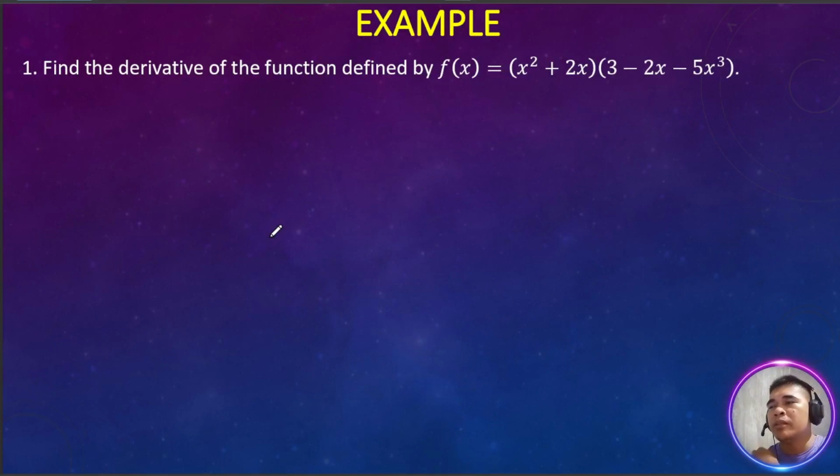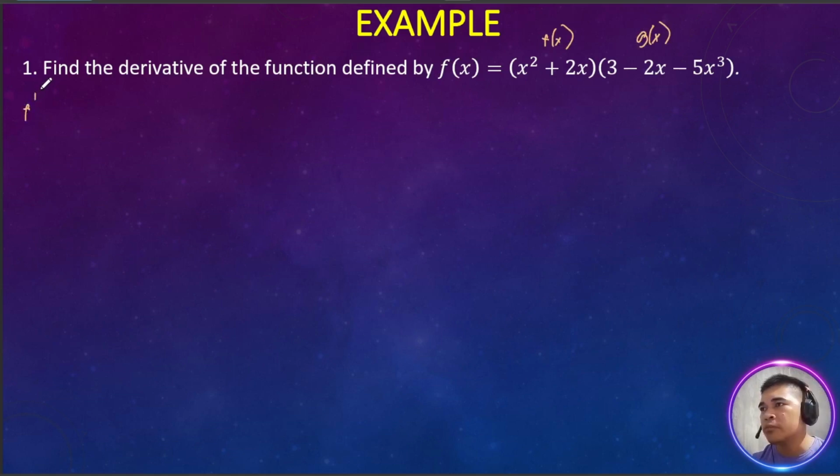So example, find the derivative of the function defined by f of x is equal to the quantity of x squared plus 2x. This is a binomial times trinomial, which is 3 minus 2x minus 5x cubed. So since this is multiplication, we need to apply the product rule. So this is our f of x and this is our g of x.